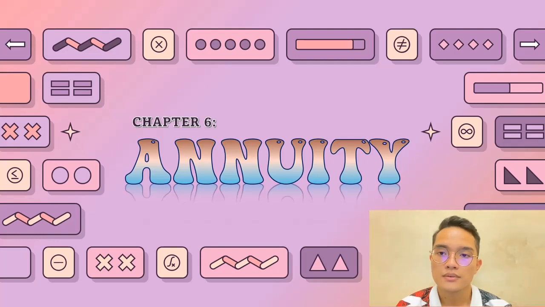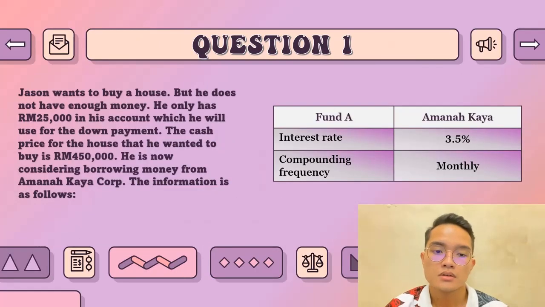There are several classifications of annuity, which are annuity certain, annuity due, general annuity, and perpetuity. So this is an example of a question related to annuity. Jason wants to buy a house, but he does not have enough money.